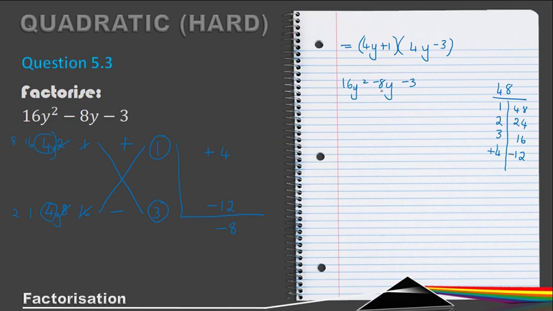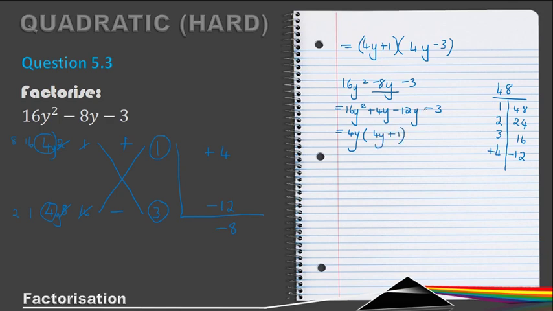So here I'm going to break this term up. I'm going to say 16y squared, and here we're going to put the 4 and the 12 together. So we say plus 4y minus 12y minus 3, and then we take out 4y from the first two terms only, and we're left with 4y plus 1.